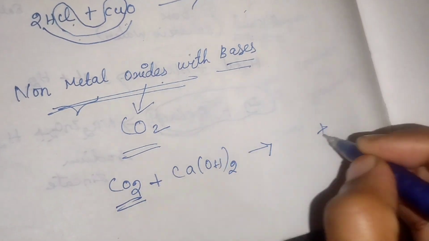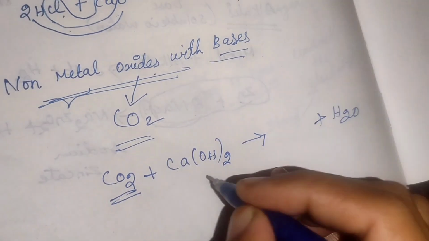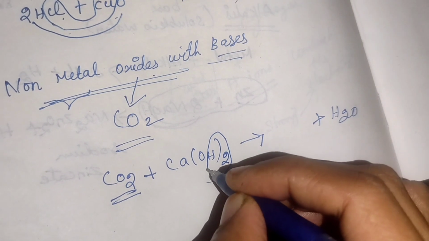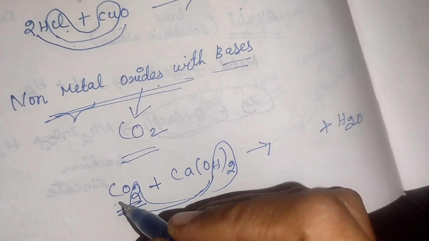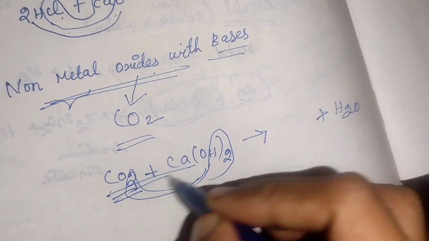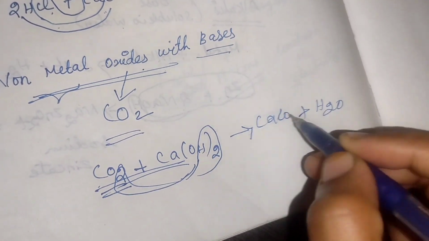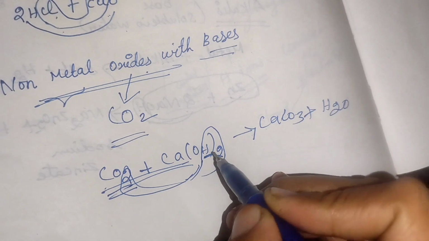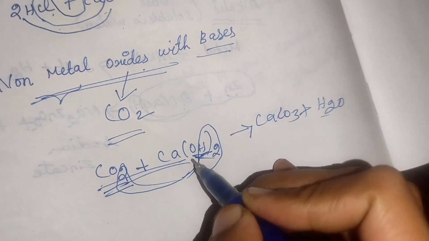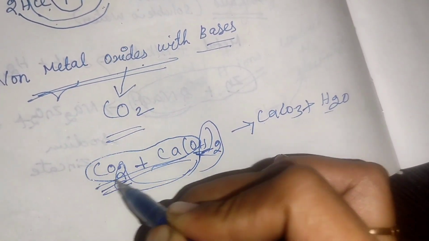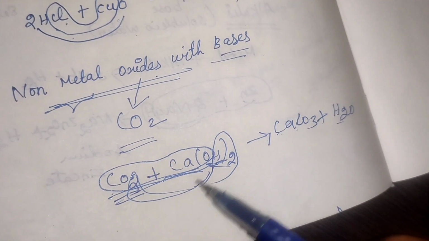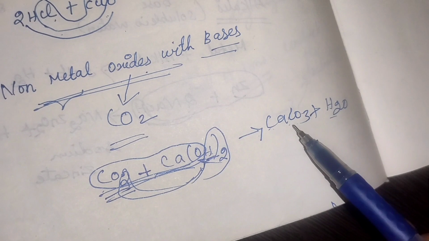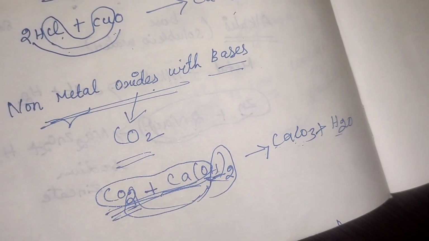As usual, H2O, water will come out. So to balance, CaCO3 will form here. This H2 and 1 O go out as water, and the rest joins to form CaCO3. When a non-metal oxide is reacting with a base, we get calcium carbonate plus water.